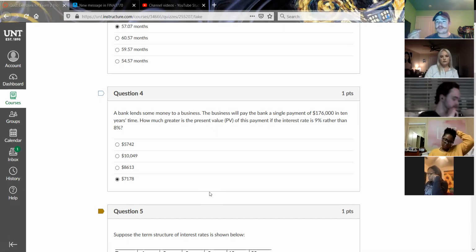And the future value is going to be $176,000 because it's the bank getting their money back, and it's positive. So you put in the formula like that. You calculate the present value for each, and then subtract the 2. It ended up being $7,178 as the difference.